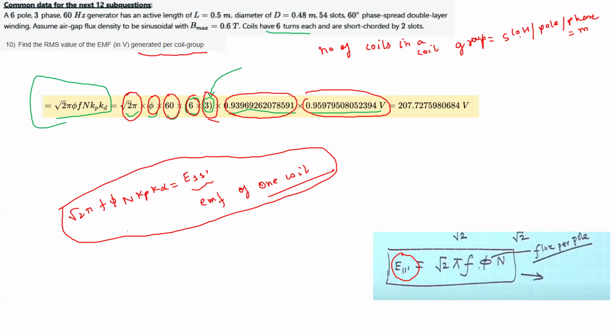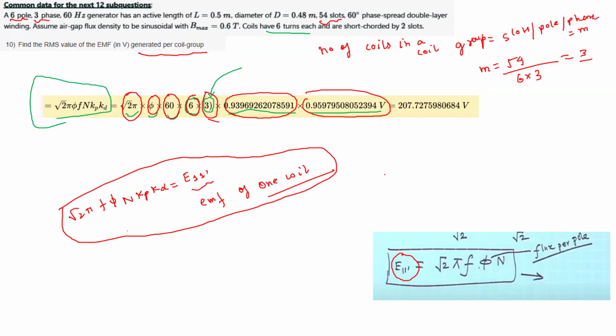So you will see that in this example, we have 54 slots, we have 6 number of poles, and there are 3 phase. So M will come out to be 54 by 6 into 3, which is 3.